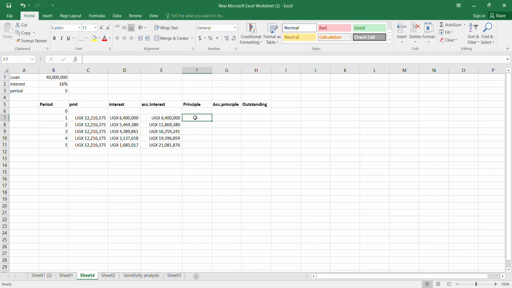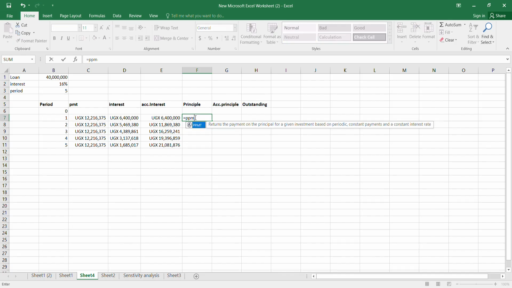We shall have the principal, which equals the inbuilt formula PPMT. We take the rate, we shall fix the rate, press F4, or you can press the function button and F4. Then we shall take the PER. I told you the PER is always the period value.